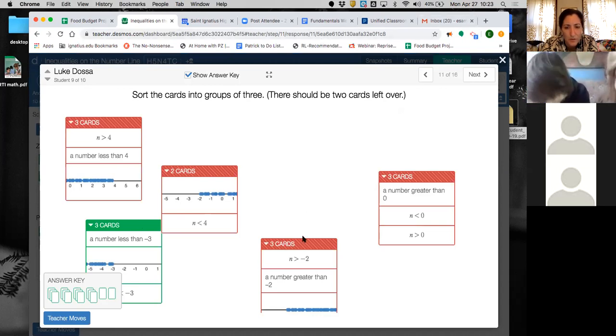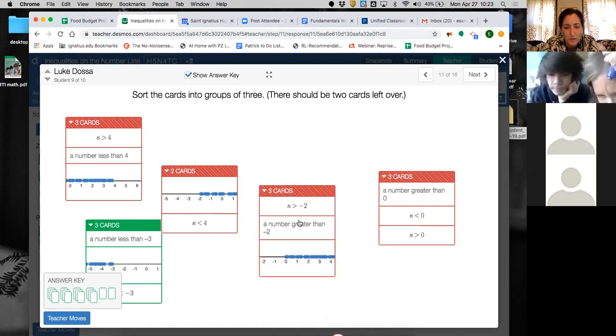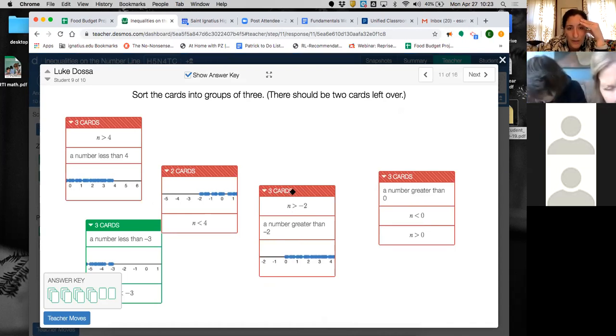Okay. So it looks like, do you have n is greater than -2 matched with the words a number greater than -2? Yeah. Okay, now from what I'm seeing, it looks like you have that matched with the graph that's greater than 0. You need to find the graph that starts at -2 and goes up.